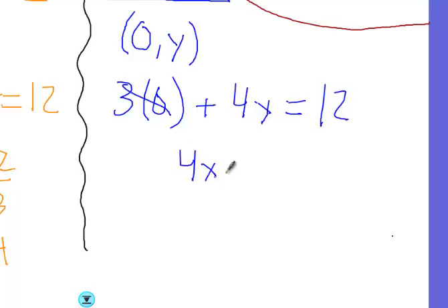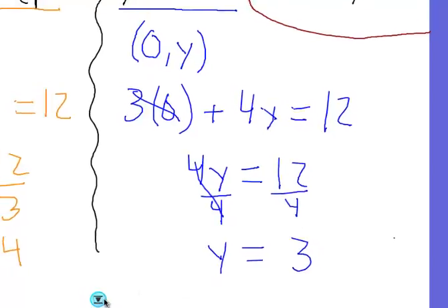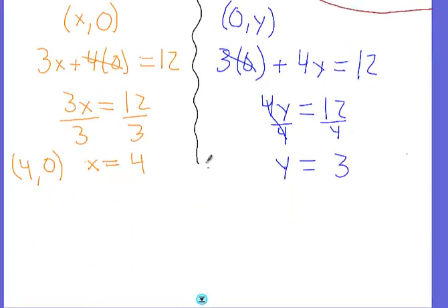It comes out to 4y equals 12. Divide both sides by 4, and y is equal to 3. But again, we don't care that y is 3. We want to know that our y-intercept is (0, 3).